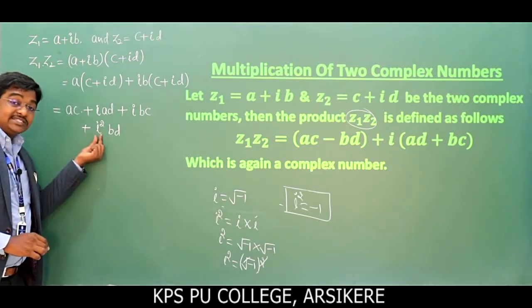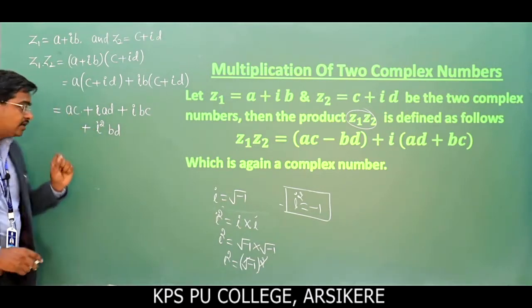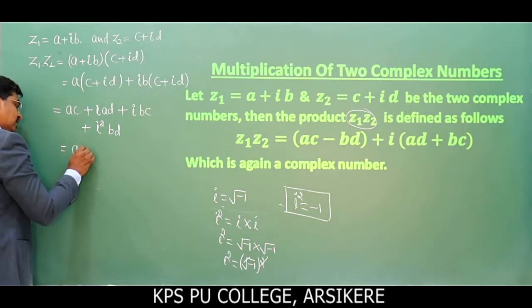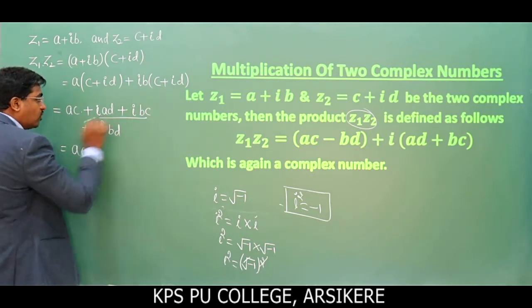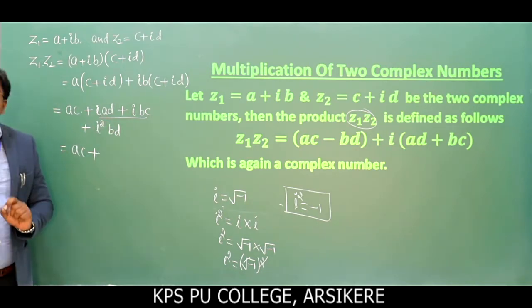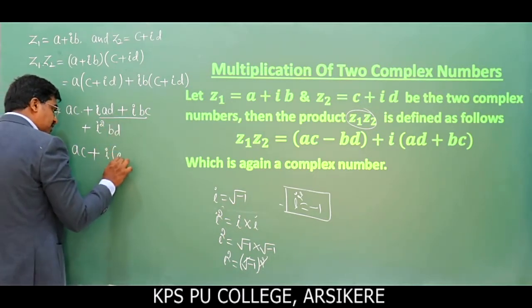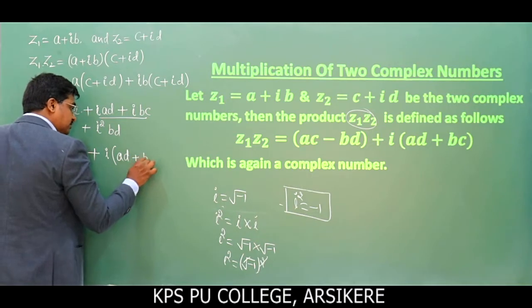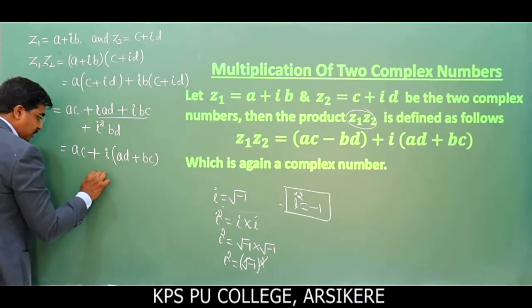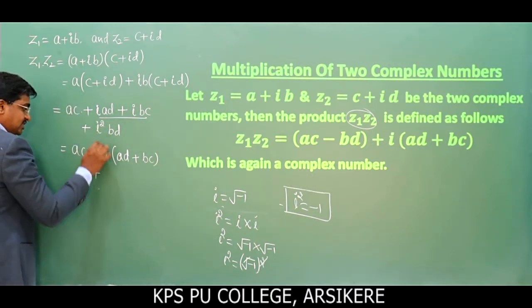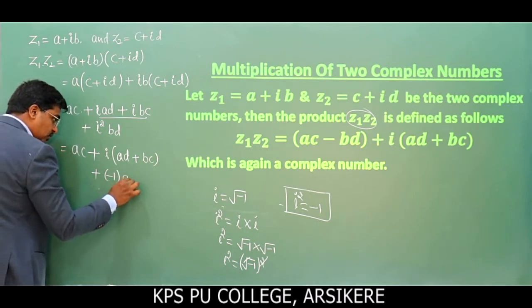So I will replace i square by minus 1. Now this term is reduced as ac plus, look at this term here, i is common. If I take i common, we are left with ad plus bc. What about this one? Plus i square is minus 1 into bd.